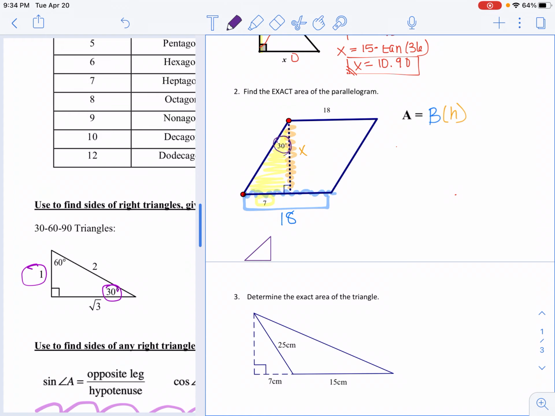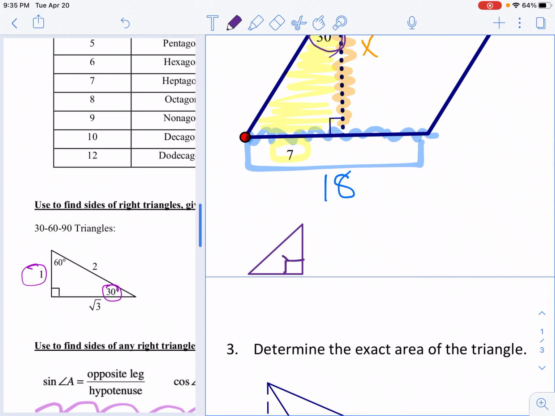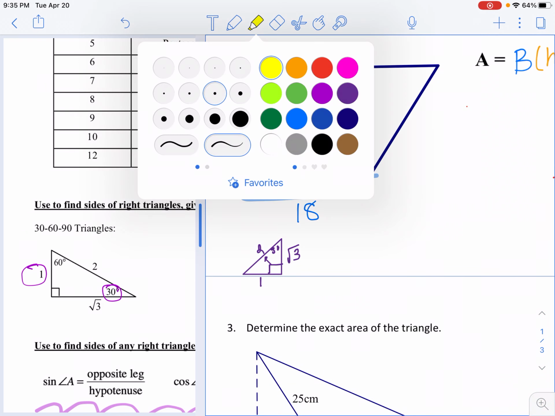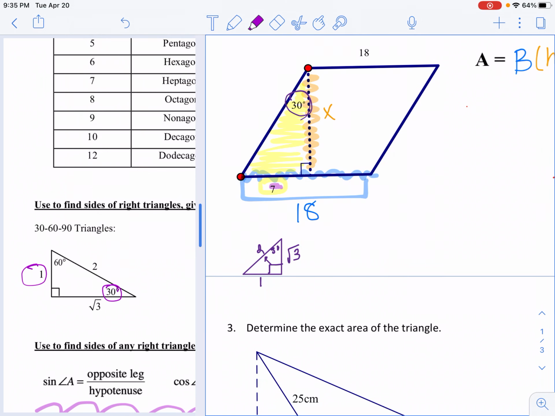All right, so here's my 90-degree angle. I know my hypotenuse is opposite of that. It's 2. The 30 is going to go in the same spot. The side opposite of the 30 is 1. And my final side is root 3. When I go to match everything up and see what matches together, I see that the 7 and the 1 correspond.